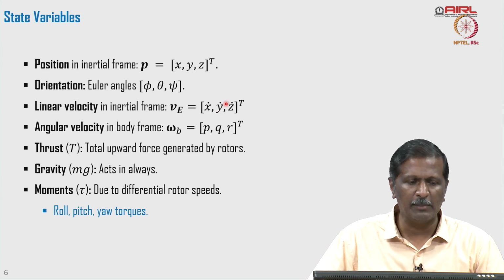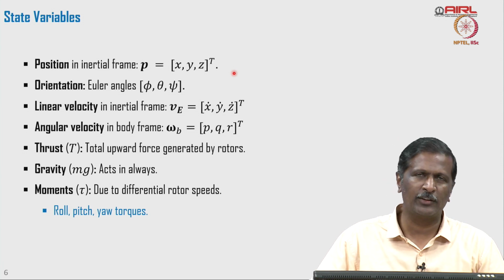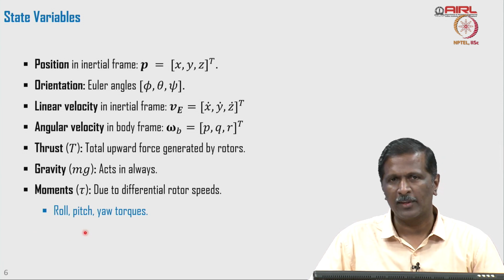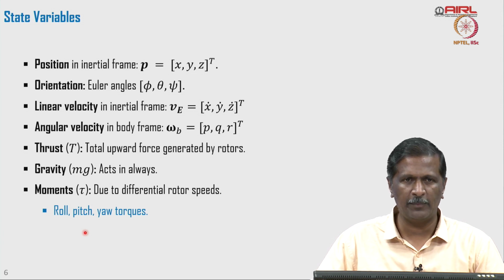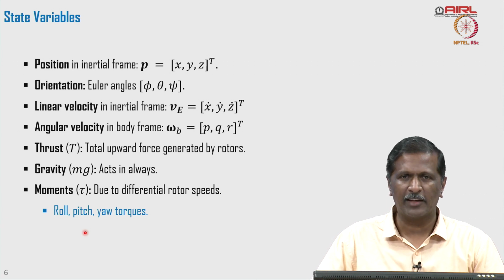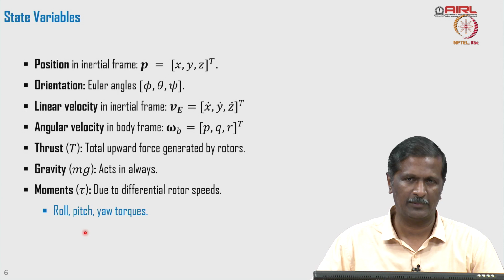So to simulate, we need to make some assumptions on state variables. Before I start looking at the mathematical model, I just want to give you some understanding. What is the objective of this modeling? We have a real multirotor system. I give some input to the real multirotor system, I get some response. What is my objective? I need to build a model such that if I give the same input, the response from the model is also similar, right.